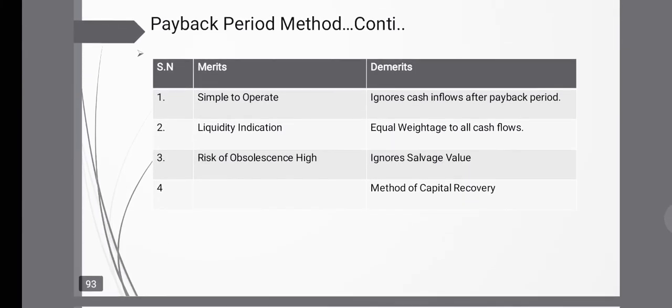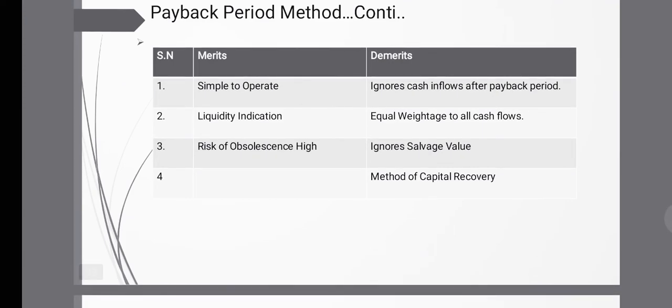What are the merits of payback period? It is simple to operate, it gives a liquidity indication, and it suits cases where the risk of obsolescence is high. Most technology things are becoming obsolete in a quicker manner, so we can go for the payback period method, because a project which gives you sooner returns will be accepted.